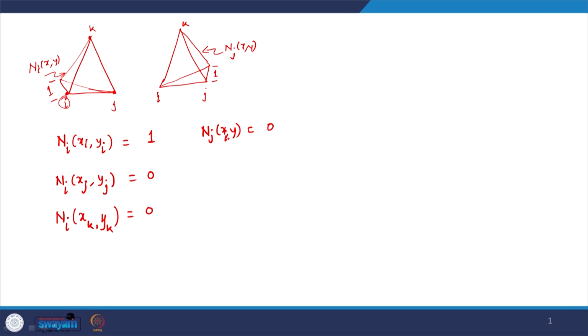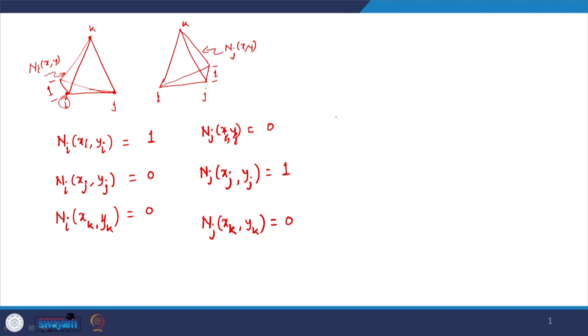At the ith node it is 0, n j at x j y j is equal to 1, and n j at x k y k is equal to 0, right.